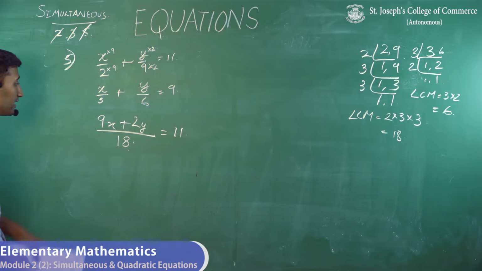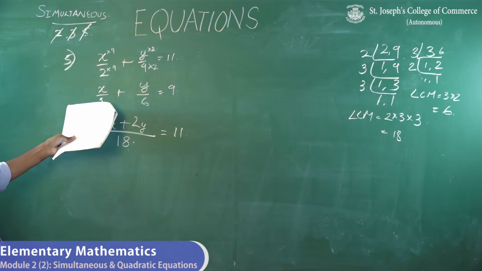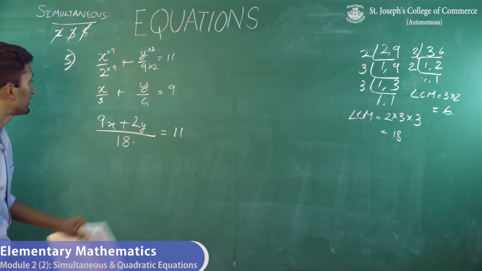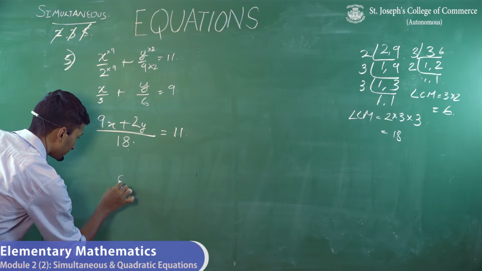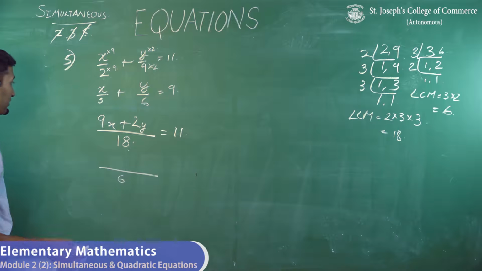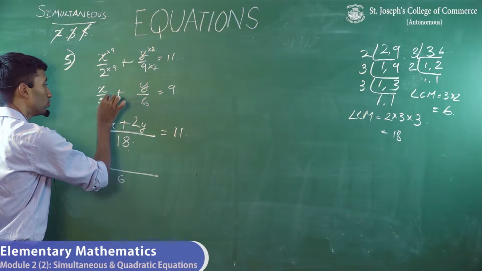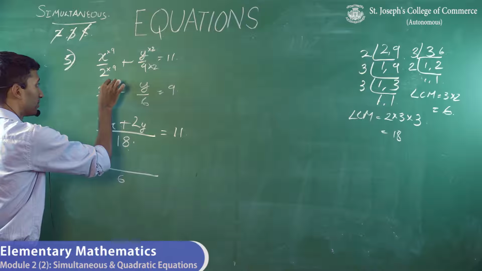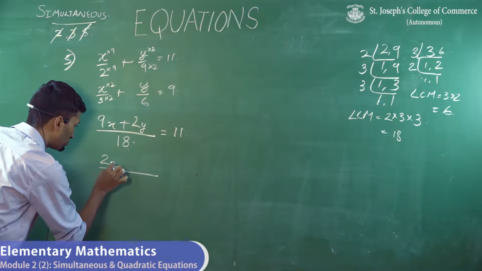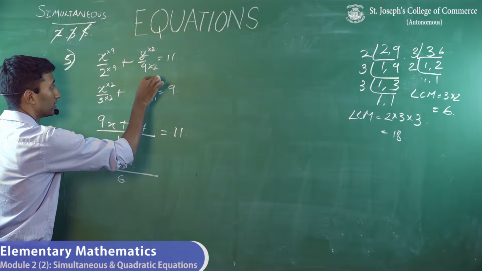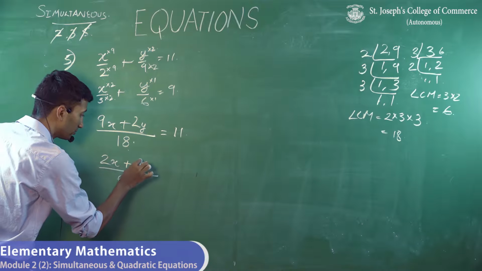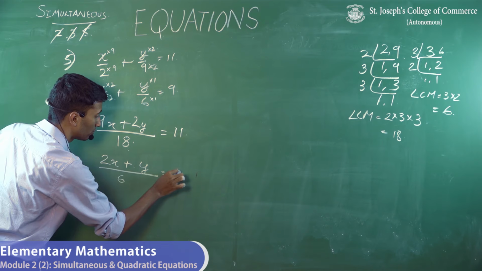Okay, so in the second case, 6 is the LCM. So I would take 6 here, and 3 into 2 will give you 6. So multiply the numerator by 6. So 2x plus 6 ones are 6, so y into 1, which would be y, is equal to 9.